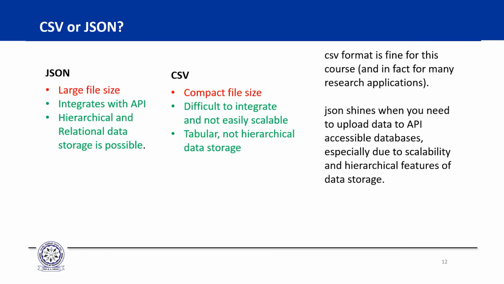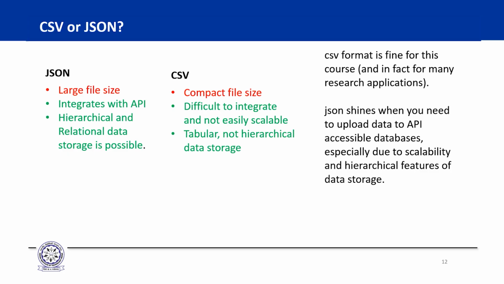By and large, if you look at the different aspects of JSON and CSV, you will see that JSON has a larger file size necessitated by the way the data is stored in there. A couple of major advantages for JSON is that it will integrate nicely with API, and it allows for hierarchical and relational storage of data, which you will not get in CSV.